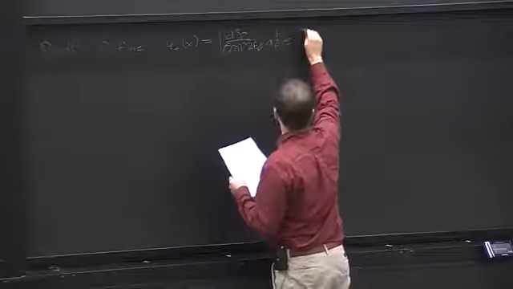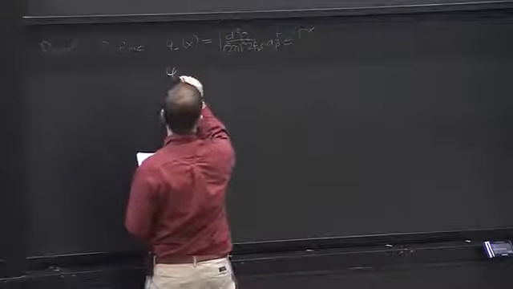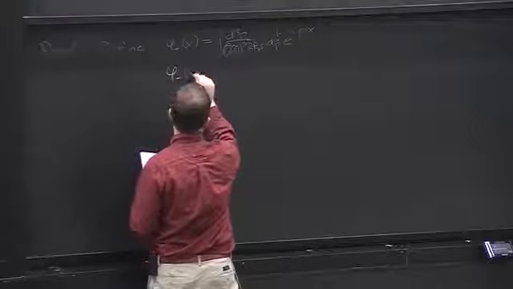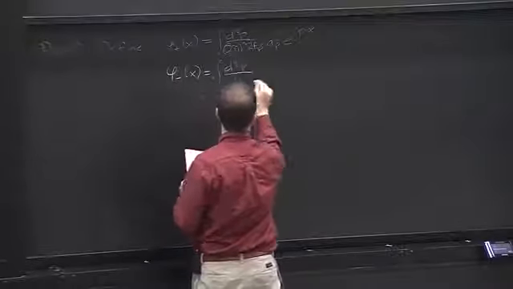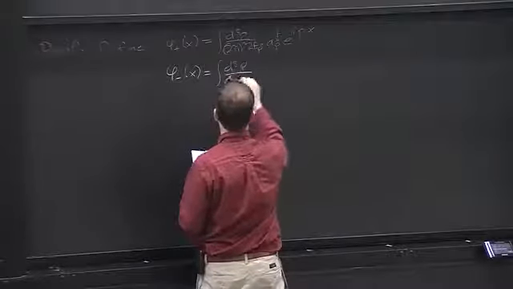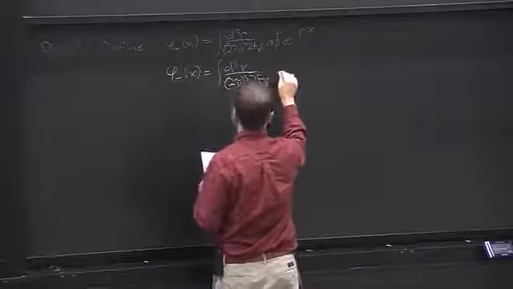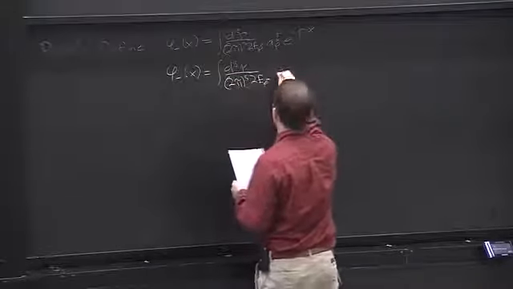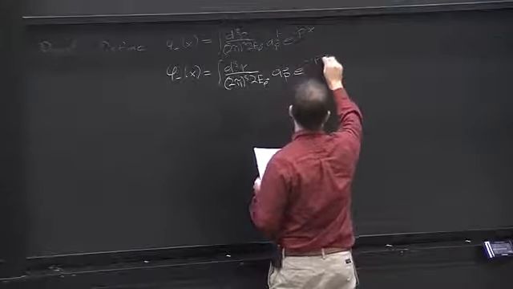And say phi plus is the part that contains the creation operators. Phi minus contains the annihilation operators, with a minus sign in the exponential.